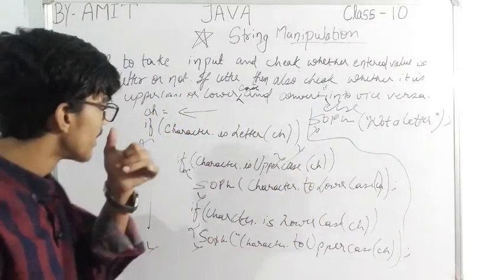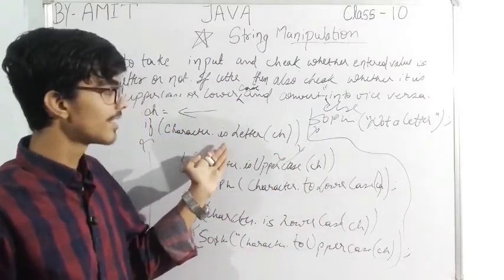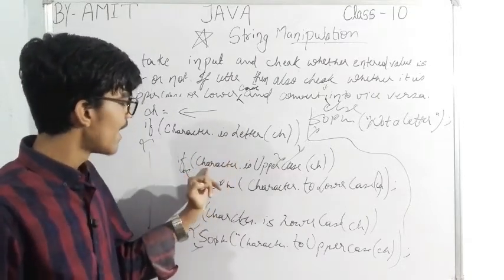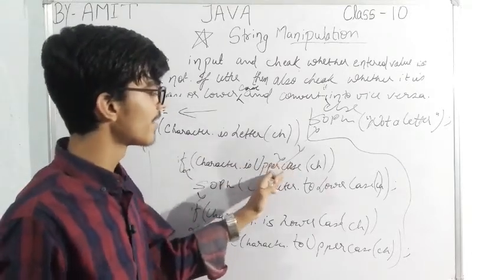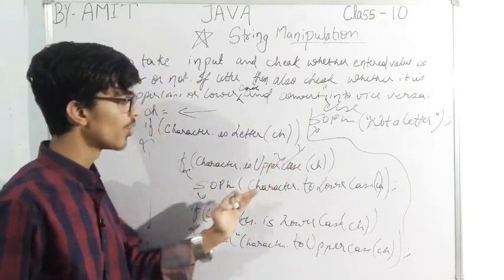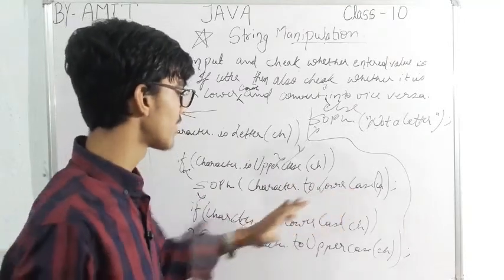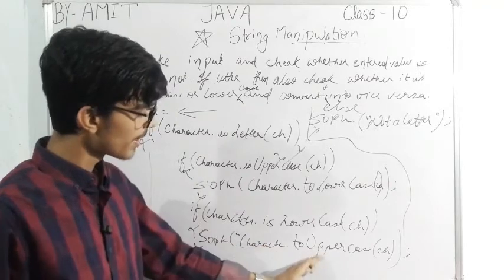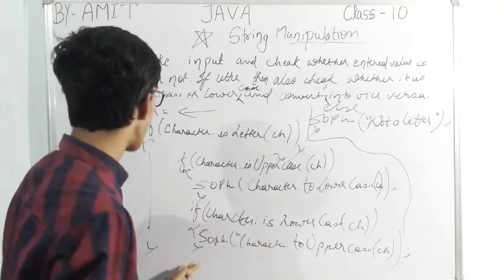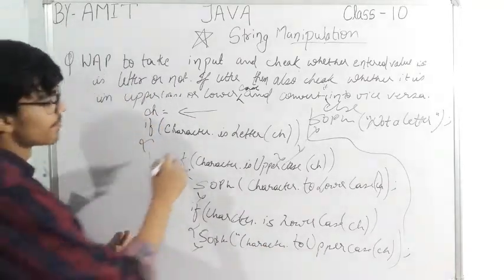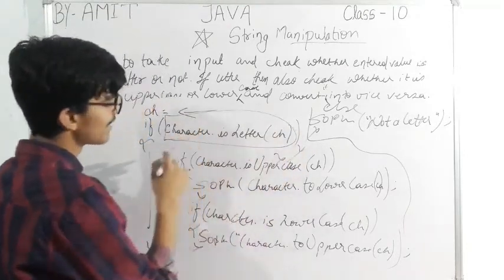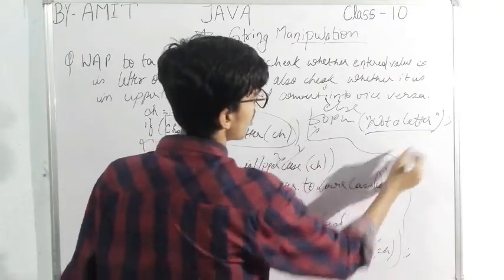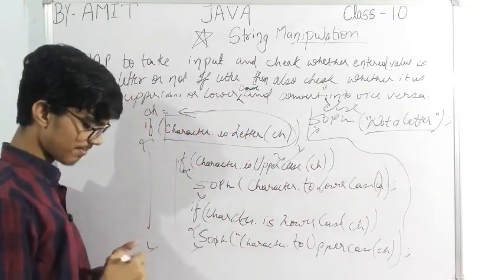So what we have done: here we have checked whether it is a letter or not. Inside, we are checking Character.isUpperCase. If it is in uppercase, it will print the lowercase value of ch. If it is in lowercase, then it will print the uppercase value of ch. And here we have closed this. Character.isLetter: if it is a letter, then only it will execute inside this, else it will print not a letter. So this was the program.